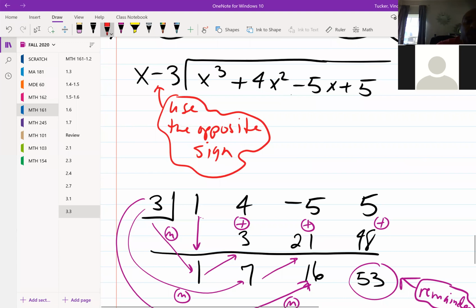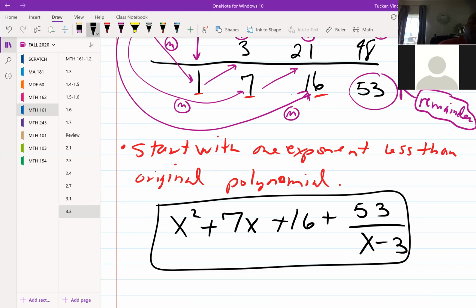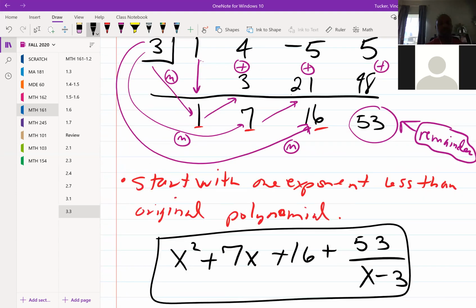Our original polynomial was x cubed, so when I go to write my answer, I'm going to start with x squared. So that's 1x squared plus 7x plus 16. I just use all of these as my coefficients. Then plus 53 over whatever I was dividing by, which is x minus 3. The 53 is your remainder. Questions before we do another one?